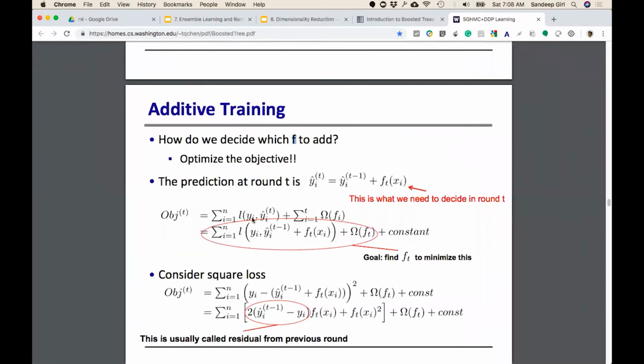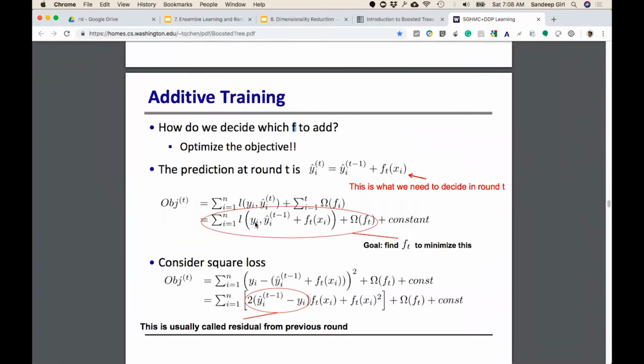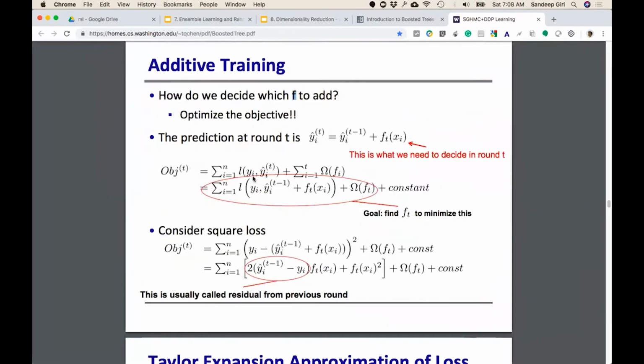This is the loss function. It says that the mean square error at the t-th step is equal to the loss of the previous step plus the improvements done because of this new tree.